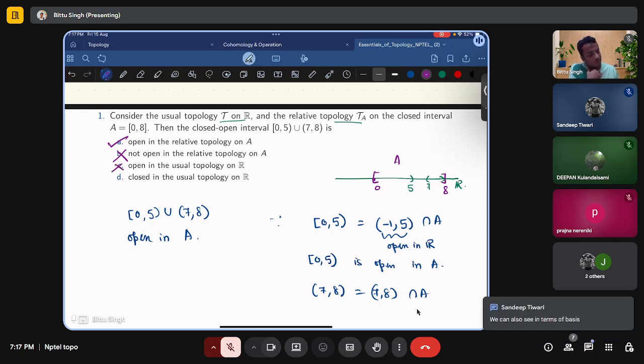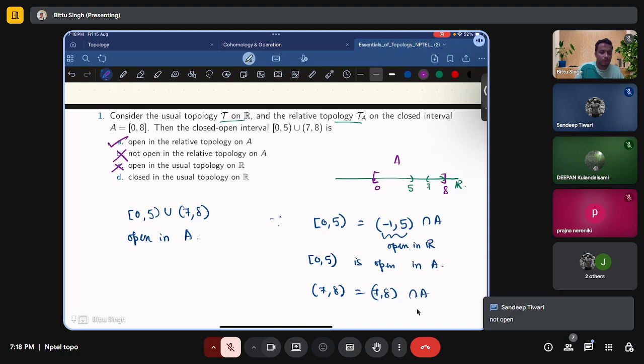Is it closed in the usual topology? Yes, in terms of basis, you can also say. Is it closed in the usual topology on R? No, exactly. Again, why is this not closed?